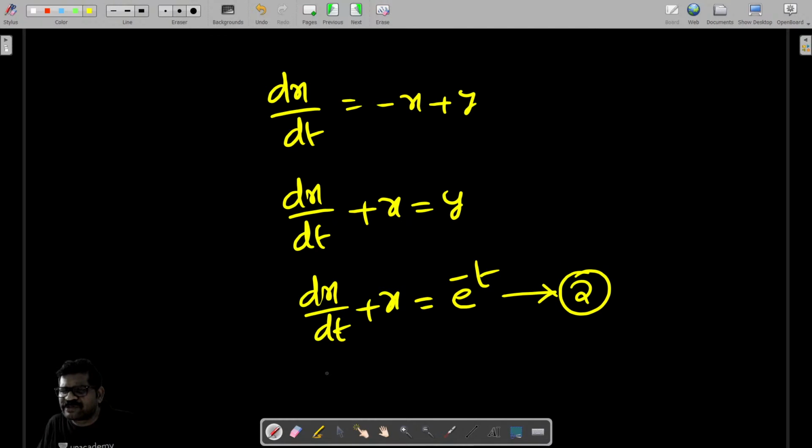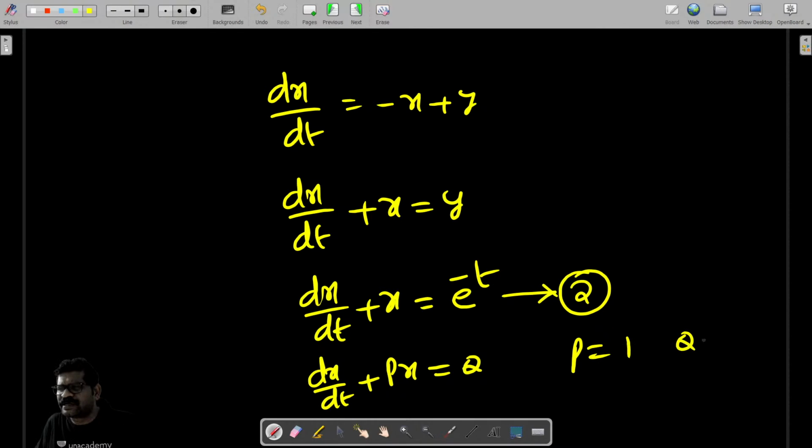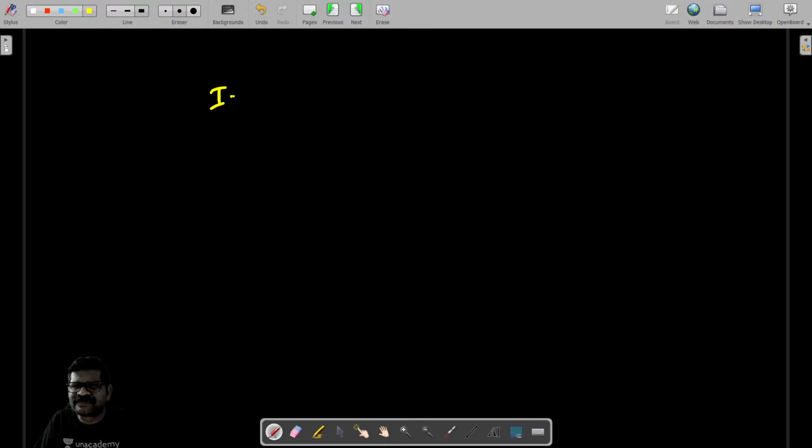Now if you compare with the standard form, it is linear, dx by dt plus px equal to q form. So here p is 1, q is e power minus t. Now the integrating factor is e power integral 1 dt, e power t.